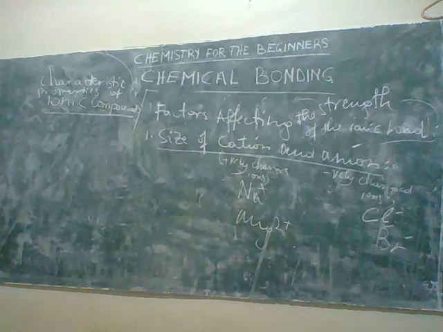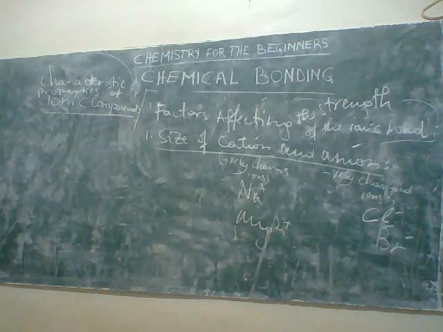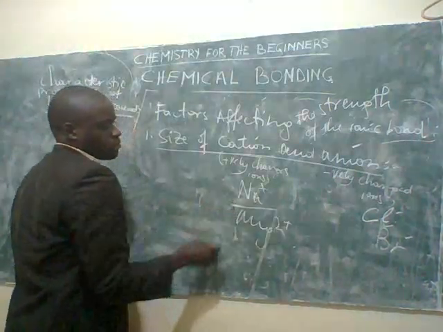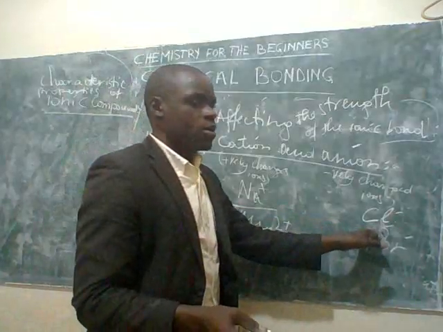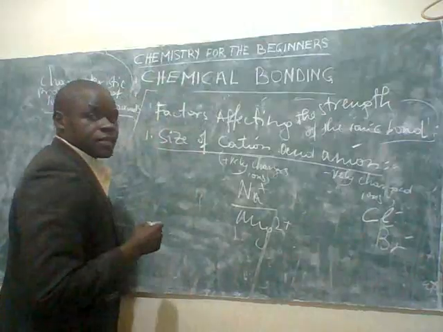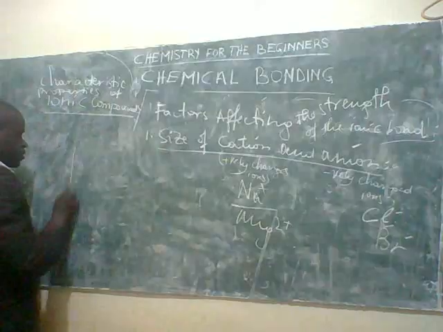So ionic bonds are stronger when the size of the cation is big, and that of the anion is small. For example, if this is big and this one is small. Let me go back here in order to make this quickly.